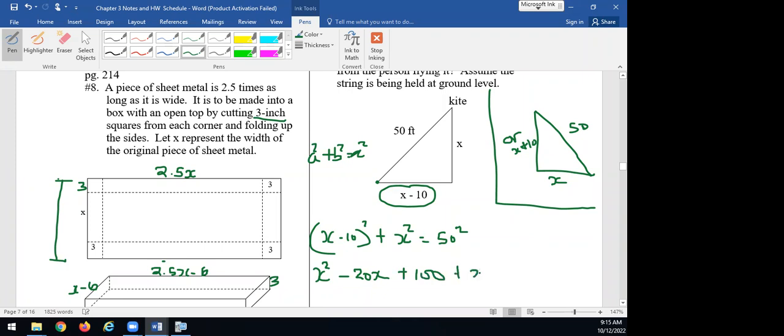Write back your x squared. And what's 50 squared? 2500. Could you square negative 10 to get 100? That's the last term squared. Yes.